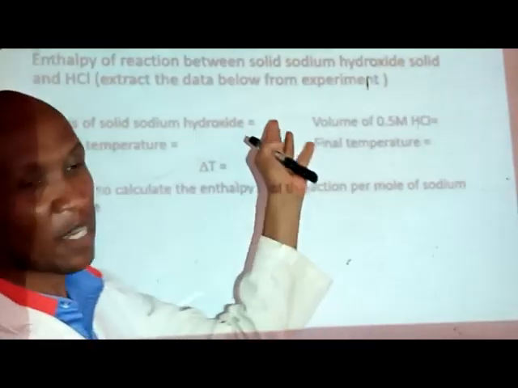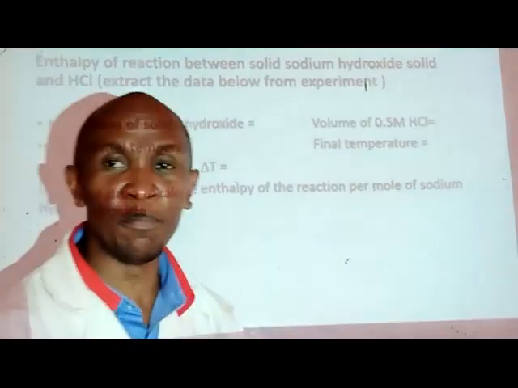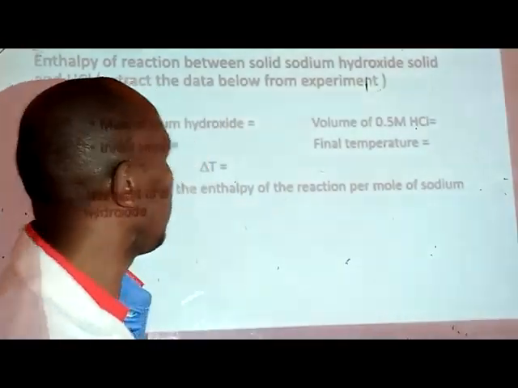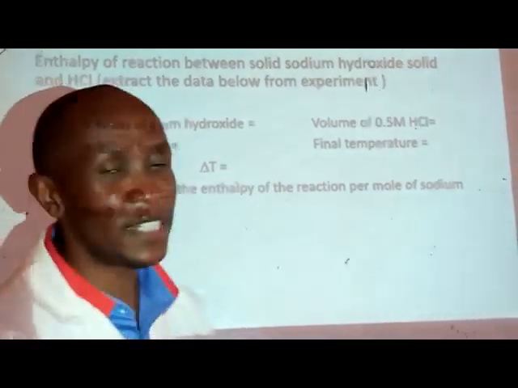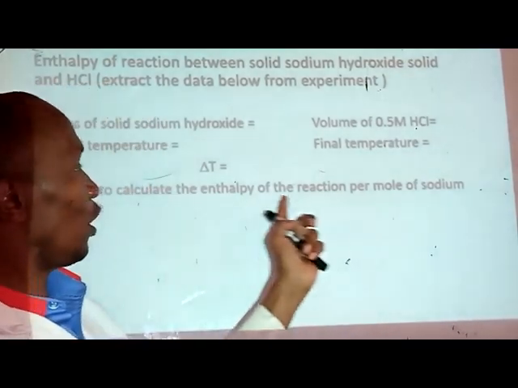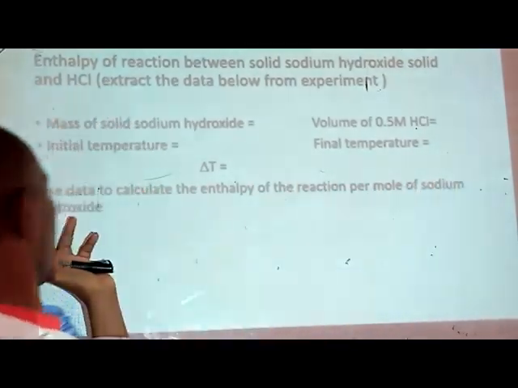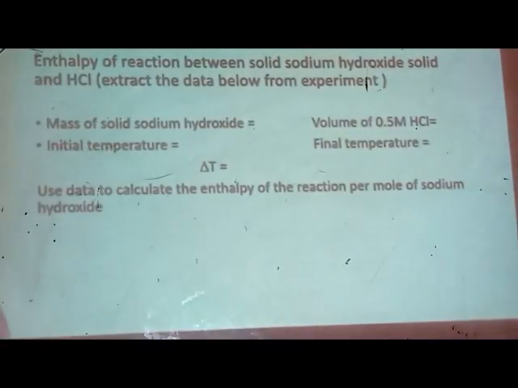Get the mass of sodium hydroxide. Get the volume of 0.5 molar hydrochloric acid used in the process. Get the initial temperature and the final temperature. Then get the delta T. Then get the enthalpy of reaction per mole of sodium hydroxide. So you can observe that clip.